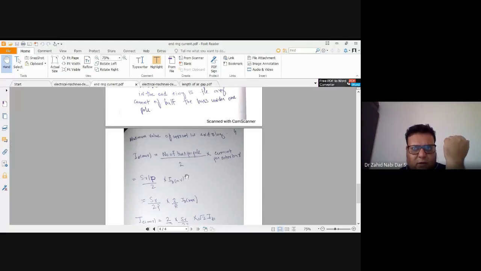For example, your IRMS is equal to I max by root 2. Similarly, your I average happens to be 0.637 I max. If you do 2 divided by pi, you will get around 0.637. So that is understood, that you have studied these things in the basics.